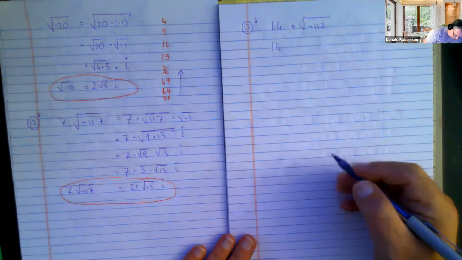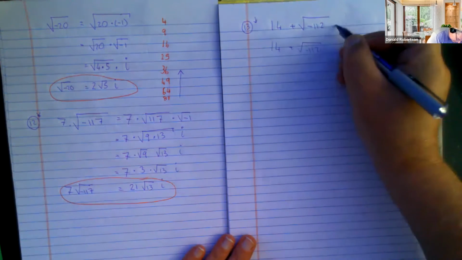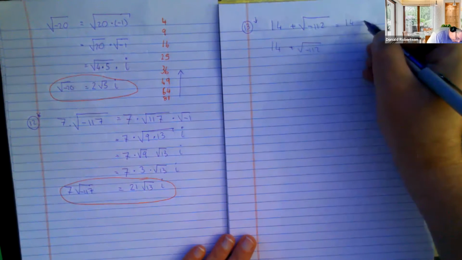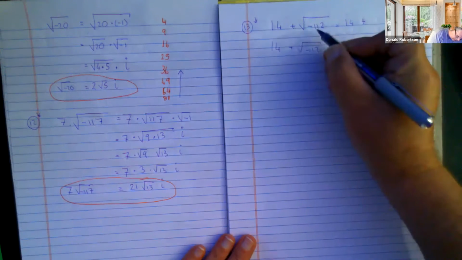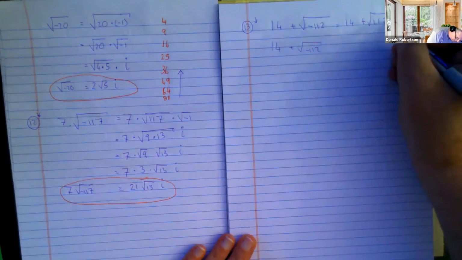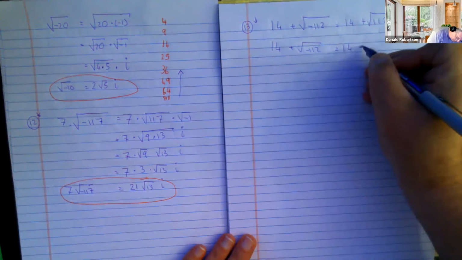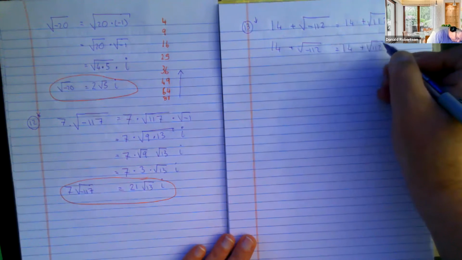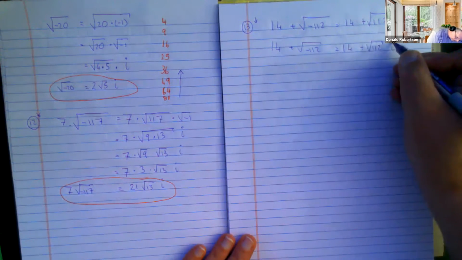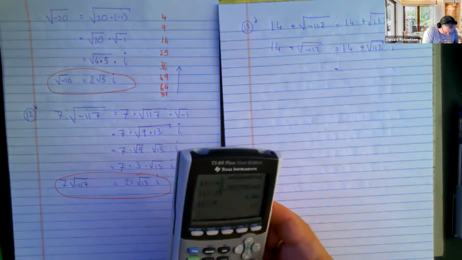It's totally fine, right? I'm going to rewrite this as 112 times negative 1. So that's going to be 14 plus the square root of 112. The square root of negative 1 is going to get me i. So I just need to focus on 112.